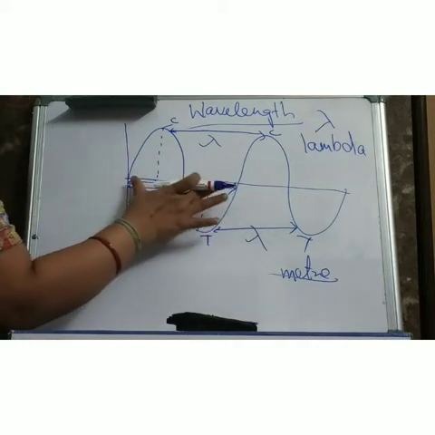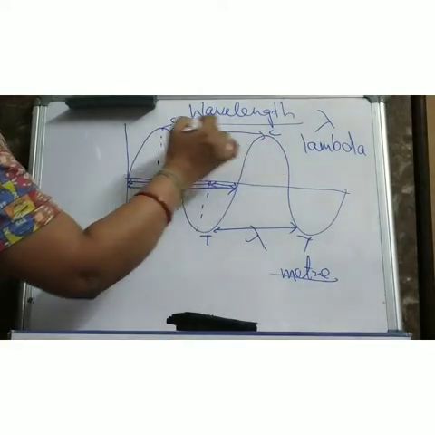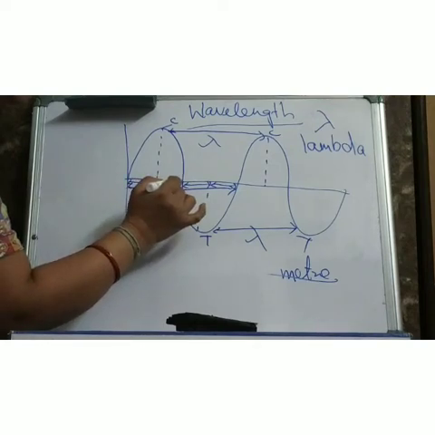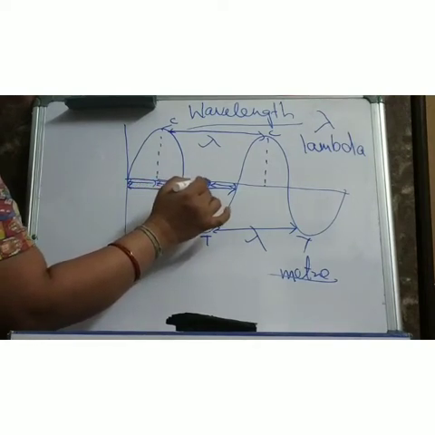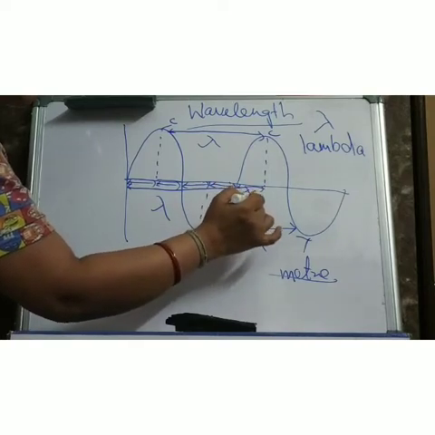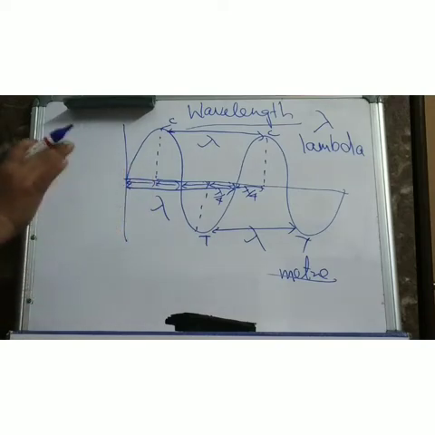So this is 1 lambda. Again, if you consider from crest to crest, this distance, again this is lambda by 4, lambda by 4, lambda by 4, and lambda by 4. So this is all the same.